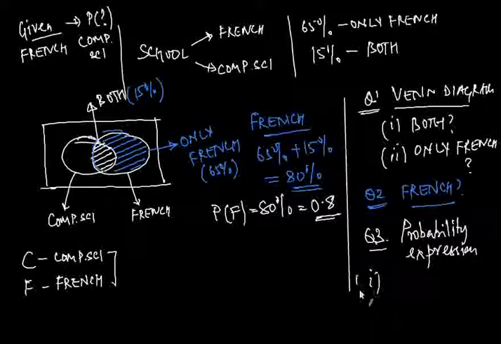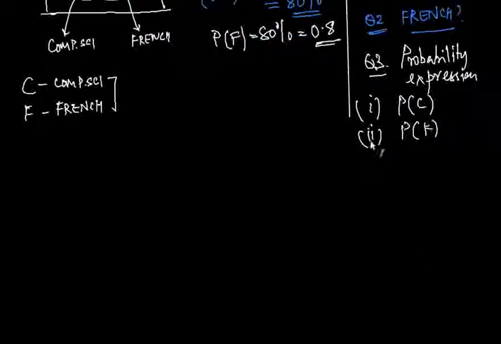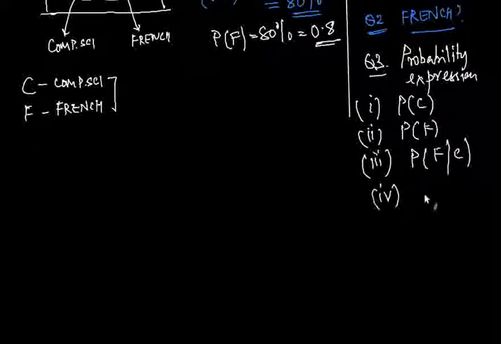The first choice is probability of C. Second, probability of F. Third, probability of F given C. Or fourth, probability of C given F. Which one of these four probabilities is the one we have to find? Take the next 5 seconds.